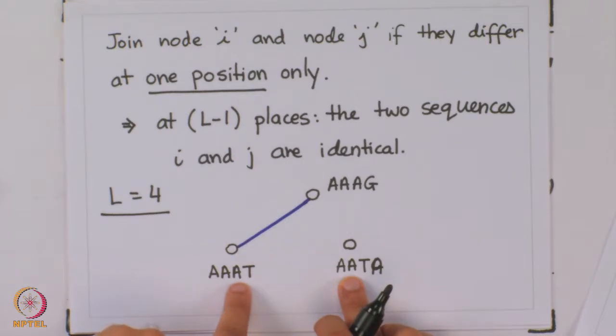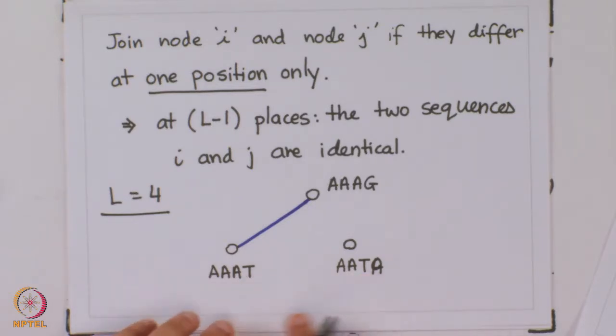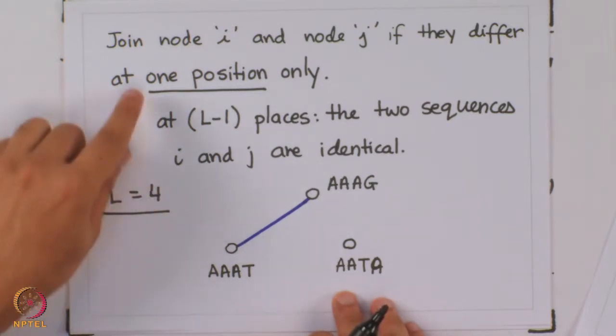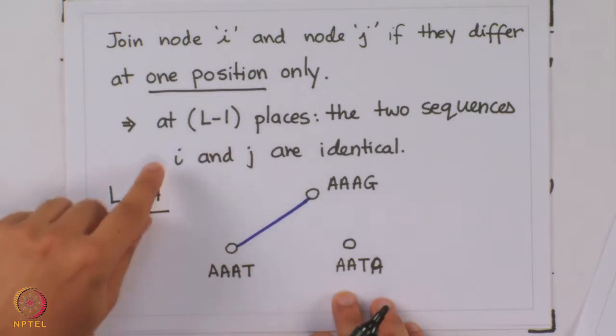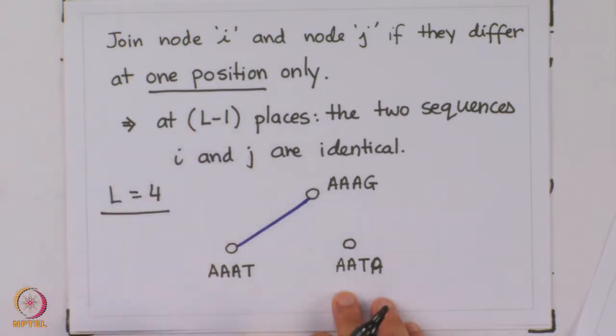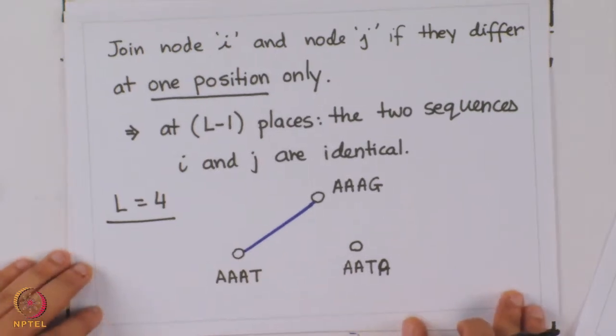After that, at the third position, this sequence has an A, this sequence has a T, that is a difference. This sequence has a T at the 4th position, this one has an A at the 4th position. Hence, these two differ at not 1, not 0, but 2 positions, and they are only identical at L minus 2 places, which is 2. Hence, we will not join these 2 nodes with an edge here.